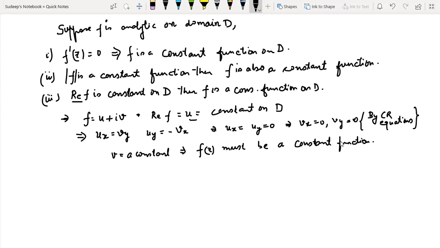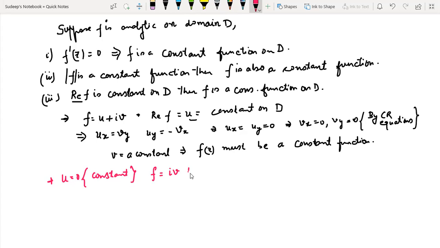See why? Because one important result that I can really draw from here is, if I say that this constant is 0, let's say that u is equal to 0. This is also a constant function. It implies that f would be some iota v.